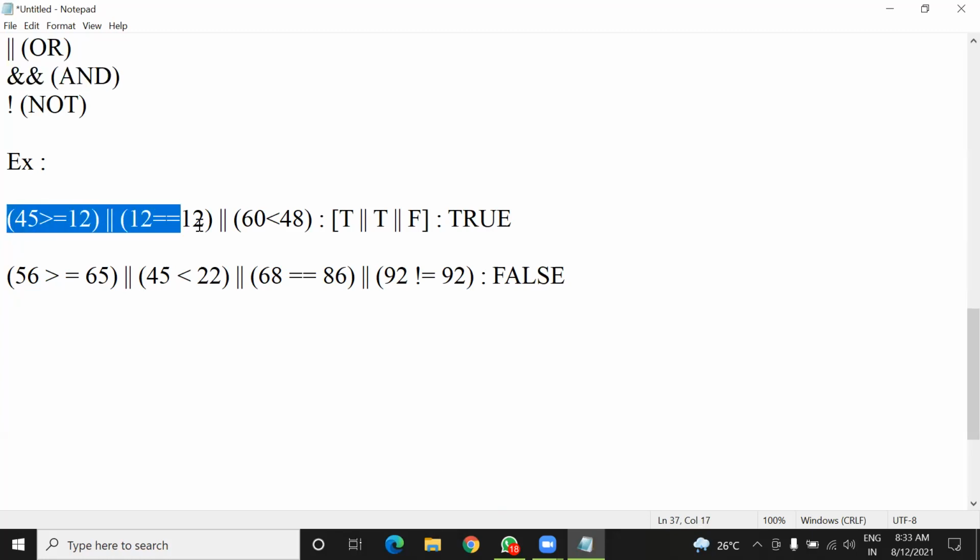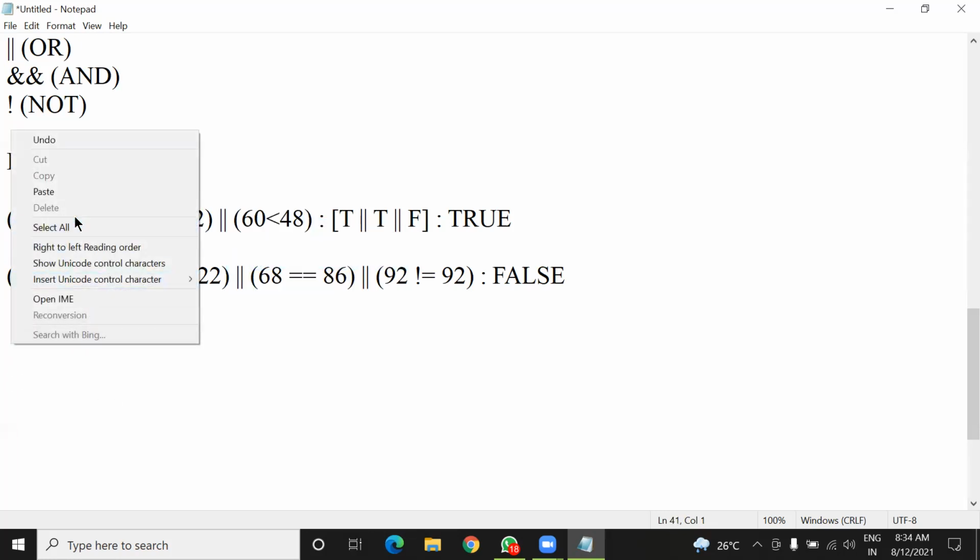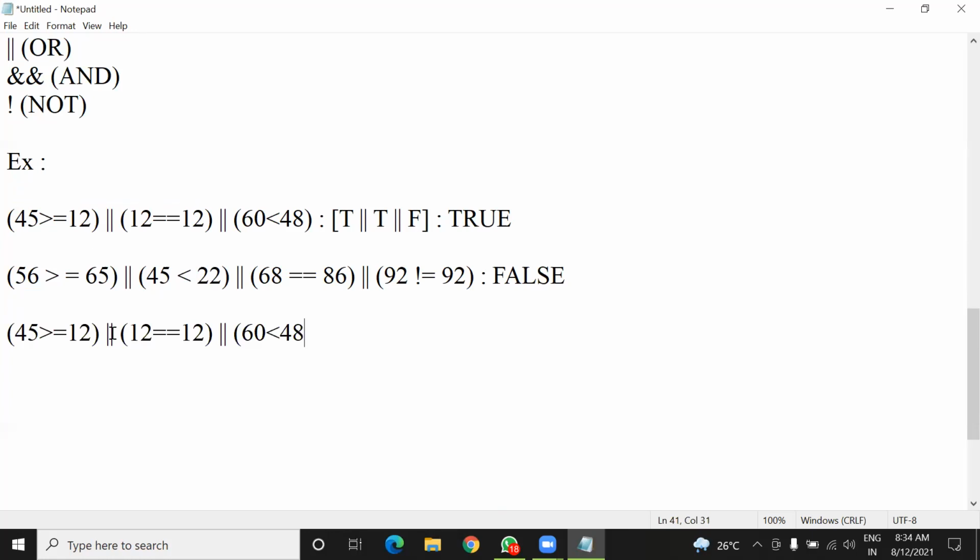So if I just take this expression and replace all these ORs with AND, then what will be the final result? Tell me. False.